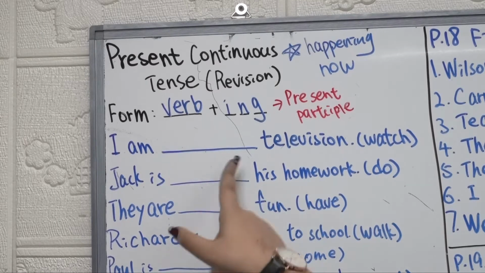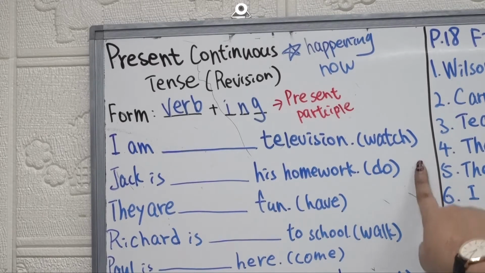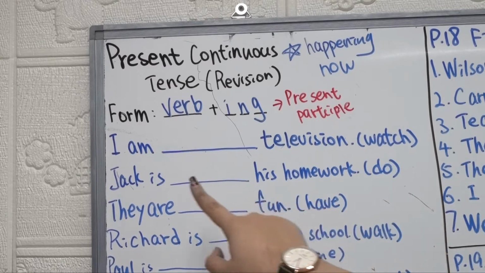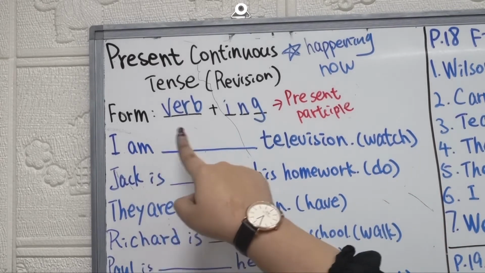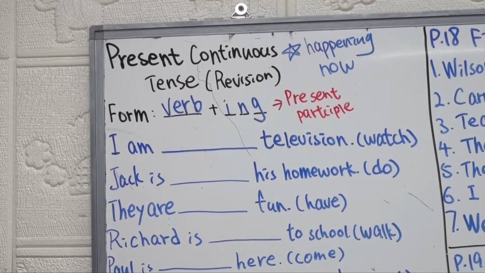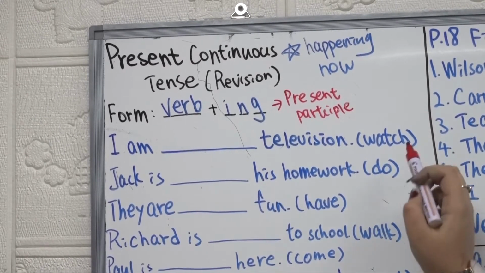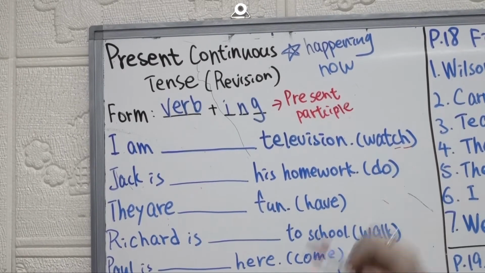Here, let's have a look. Let's do some revision. Let's fill in the blanks with these verbs. I am what? Television. I am, watch becomes watching. Yes, watching. But how do we spell watching? All we have to do is look at the last two letters.